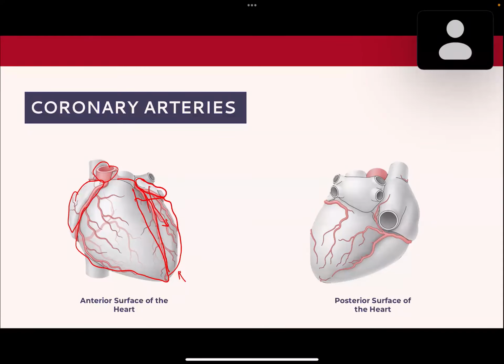The next branch of the left coronary artery is this one, so this is the second artery. This artery circles back towards the posterior side, and that's why it's called the left circumflex artery, and then it gives off branches in the posterior side. Now let's go back to the right coronary artery.